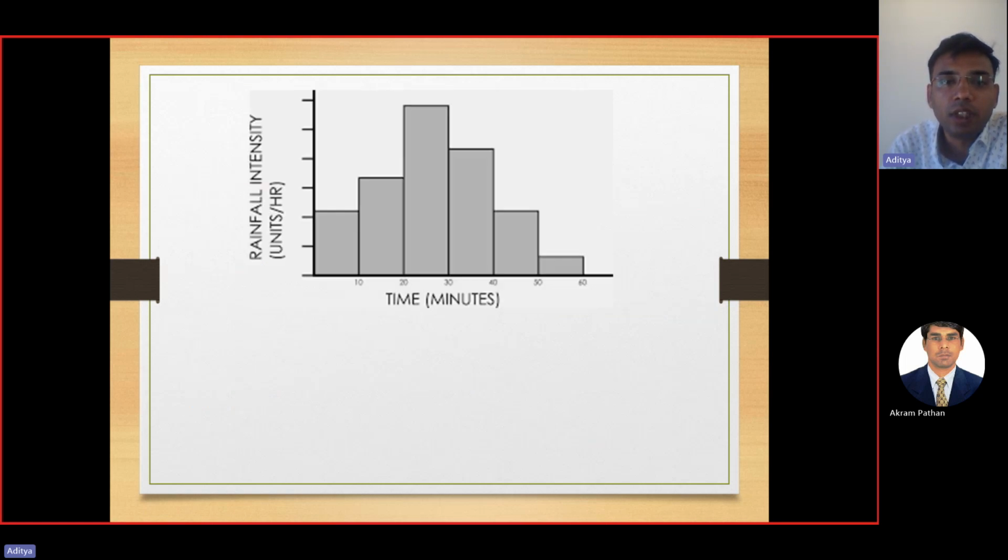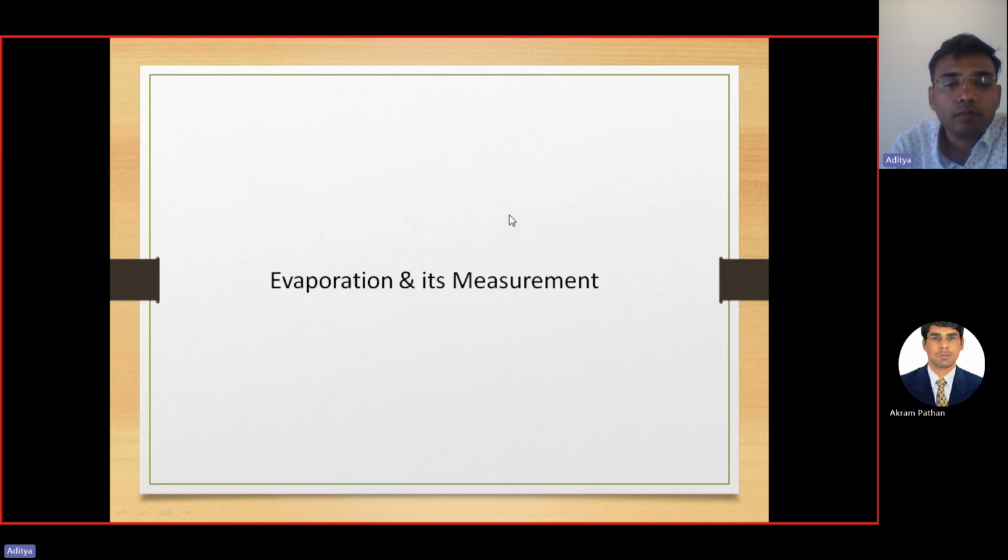Here is the hyetograph, with rainfall intensity in mm per hour against time. If you neglect the time, you will get the rainfall in mm, or the volume of rainfall, from this bar graph.